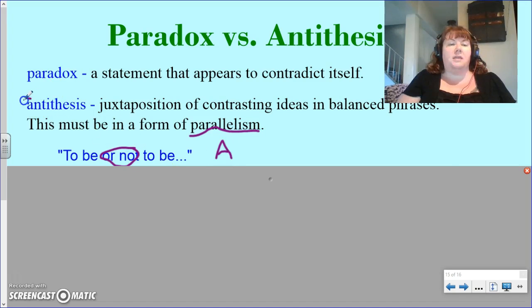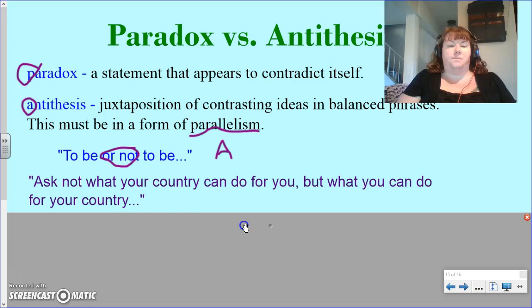When I'm labeling these, I will use the A and the P, since those are easier to write with the pen with my mouse. Okay, the next one: Ask not what your country can do for you, but what you can do for your country. This is not only an example of a chiasmus, because it goes country, you, country, so it fits that chiasmus.